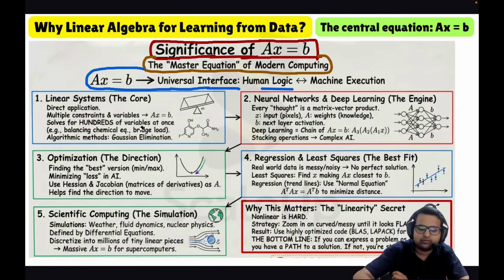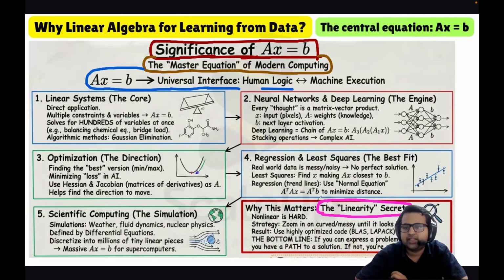So why is this equation so powerful? The secret is the linearity. The reason Ax equals B is the foundation for everything is that non-linear problems are incredibly hard for computers to solve directly.